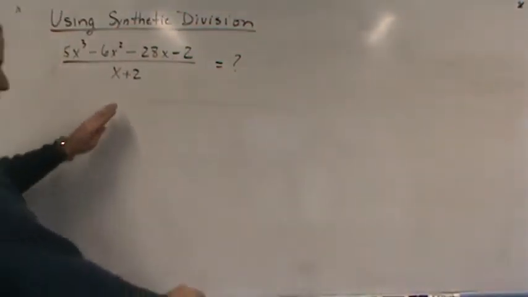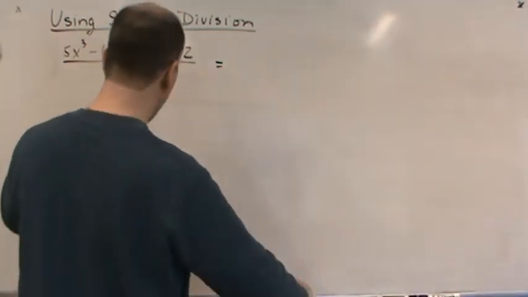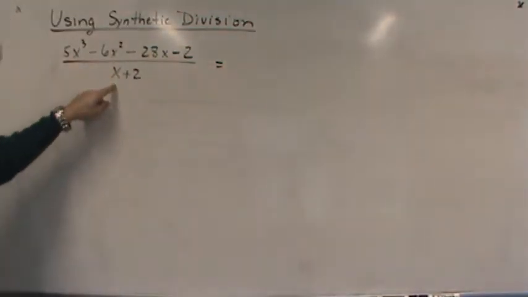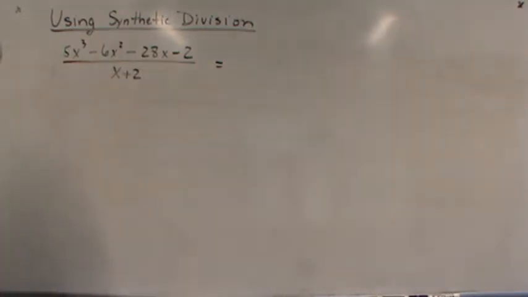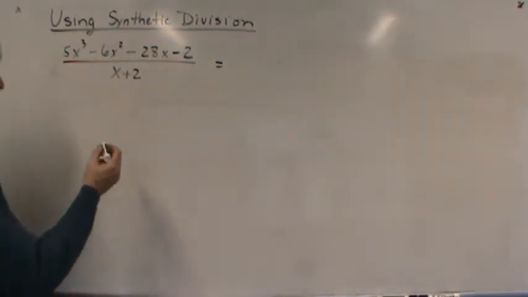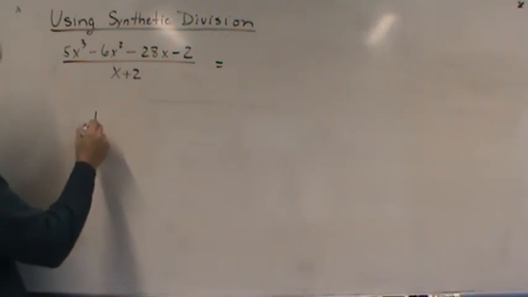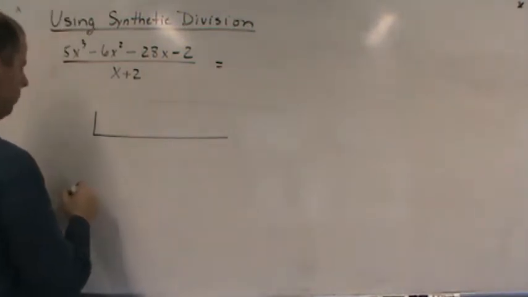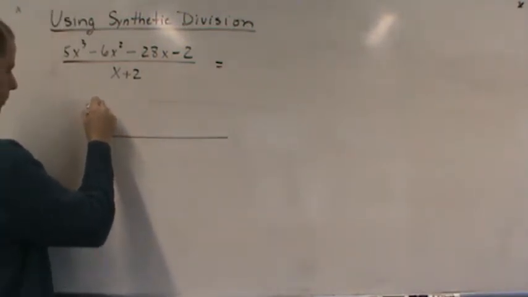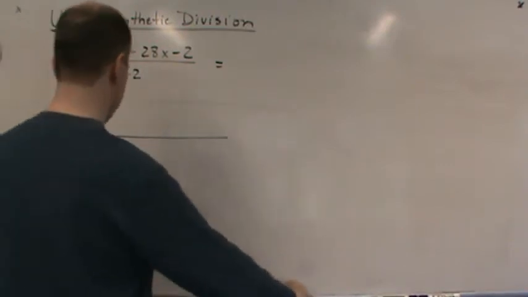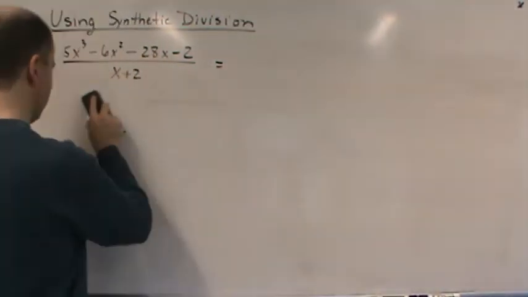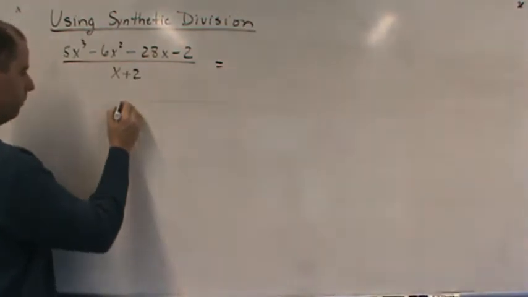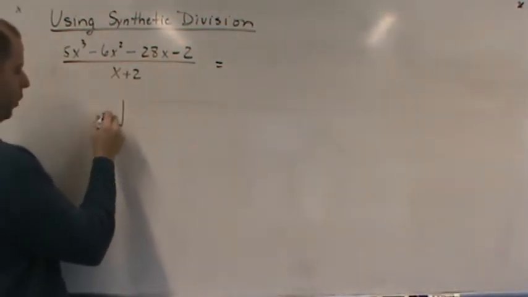Now, one other thing too is notice what the divisor is. The divisor is x plus 2. So remember what I said when we set this up. We've got to have our c or k value, right?